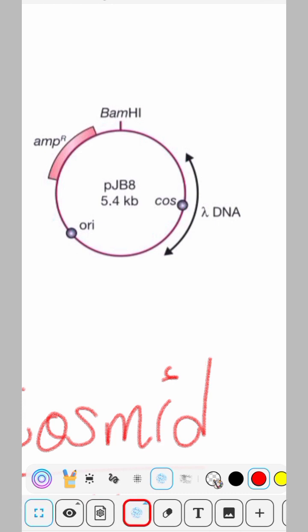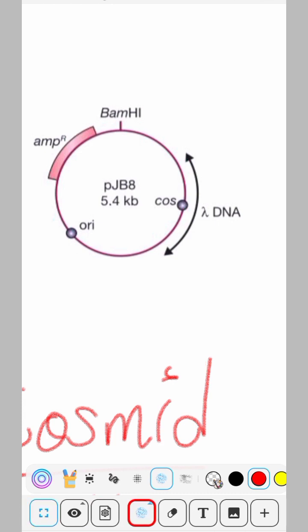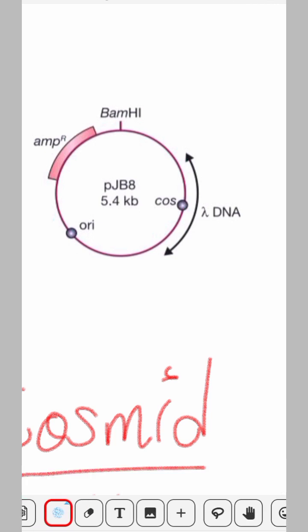We will talk about its structure a little more. As we see, it has cos sites which come from the lambda DNA. Just after cosmids enter the host cell, they adopt a circular form because of these cos sites. What I'm trying to say is, suppose this is the cosmid.